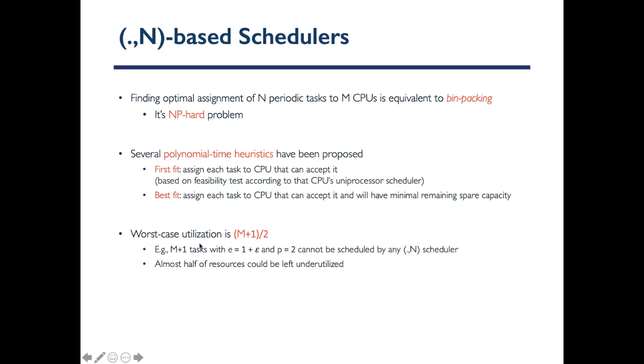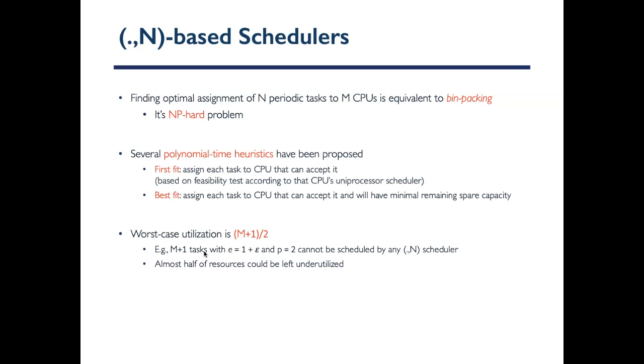Here, m is the number of CPUs you have in your system, and n is the number of periodic tasks you have. This basically says you can have a task set that, no matter what partitioning algorithm you choose, the utilization is going to be (m+1)/2. So basically very low utilization of CPUs.